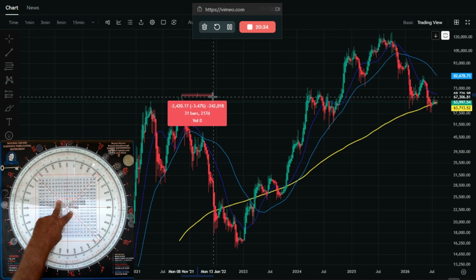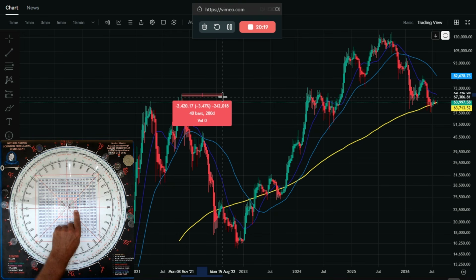Let's move to the next major top, and this one is showing us around the 40 number area. So 40 is right here, and it lines up right across here, and just starting into our death zone, and our death zone starts right in here at 42, 43.